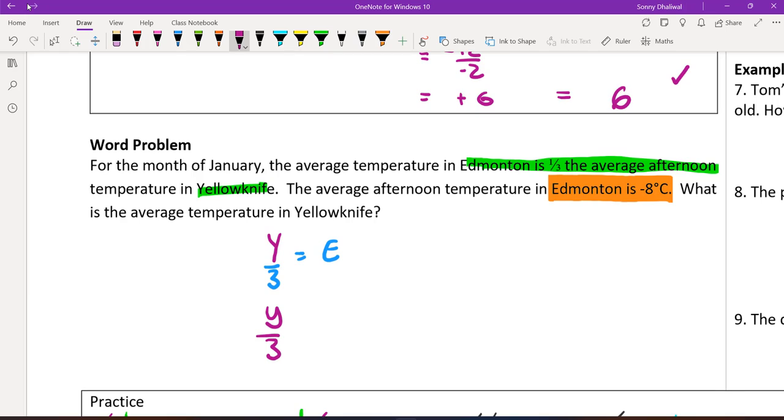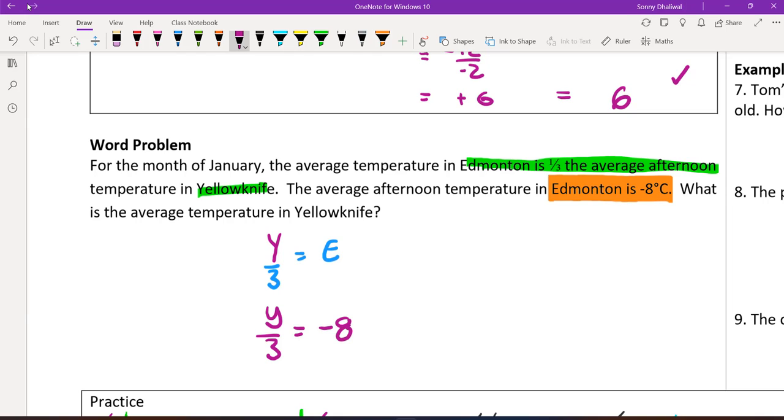Would it be 24 or negative 24? So how do we solve this? All right, we want to solve this equation. Yes, Bella? You times it by 3. Yeah, because we want to get rid of this 3. We want to find out what Yellowknife's temperature is. We're dividing by 3.